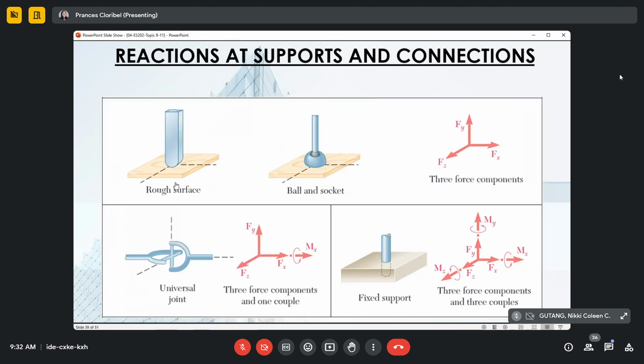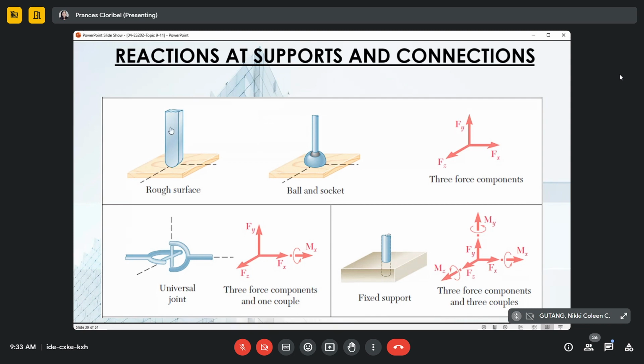Next is for rough surfaces. Since rough surfaces at any direction along the zx plane have a friction force that is always parallel to the movement of the body, because of that friction force, tulo kabuok ang atoang components.